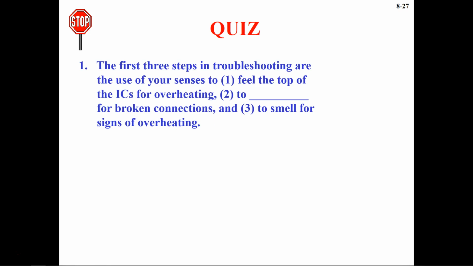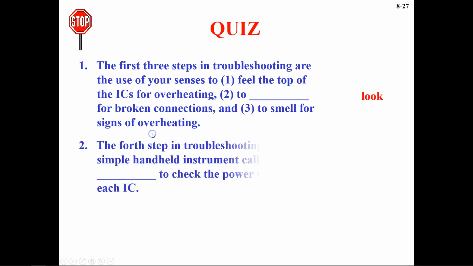These are the first 3 senses which we use. So the answer here is look. So I'm going to read this sentence again. The first 3 steps in troubleshooting are the use of your senses, to feel the top of the ICs for overheating, to look for broken connections, and to smell for signs of overheating.